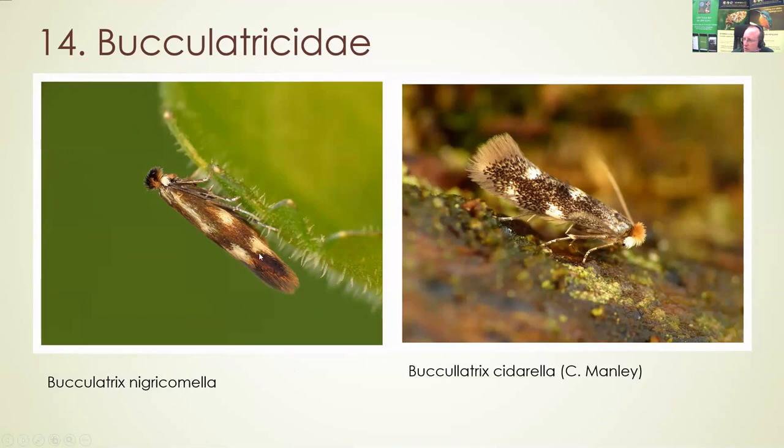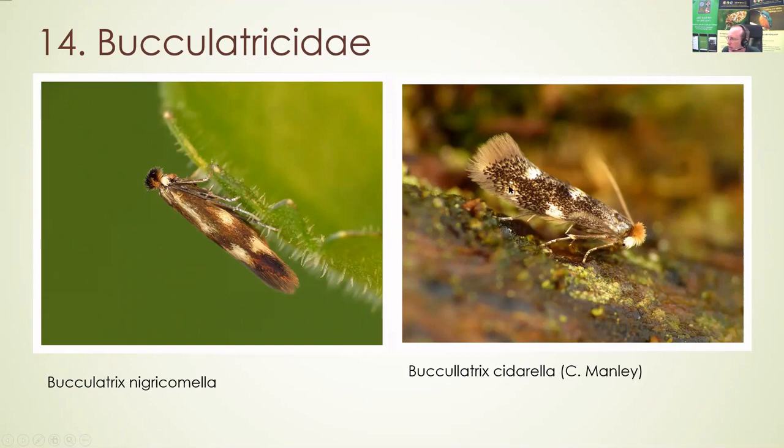So this one, which is nigricomella, which feeds on oxeye daisies, the costal cilia is swept along the wing, so it makes it look even longer. Whereas on Bucculatrix cidarella, the costal cilia sort of sit up, making it sort of shorter and, yeah, more sort of plane-like.